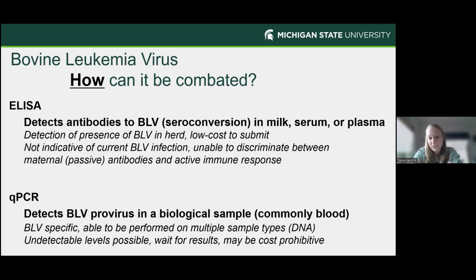The downside is you wait a little bit longer for results. It's a longer assay to run and it may be cost prohibitive. So we run samples, or we've collaborated with Central Star, and ELISAs are on the range of $4 to $6, and qPCR is more like $10 to $15.